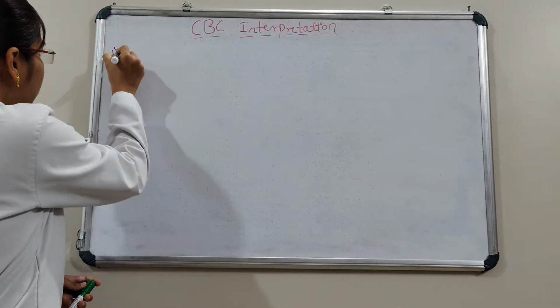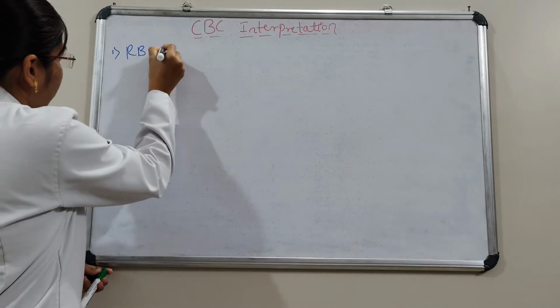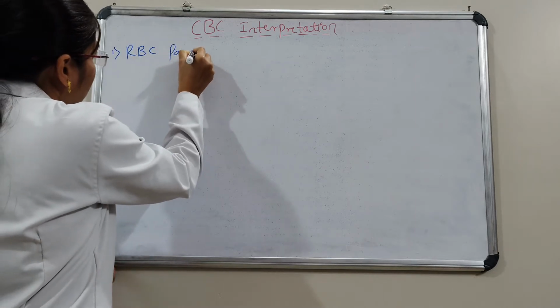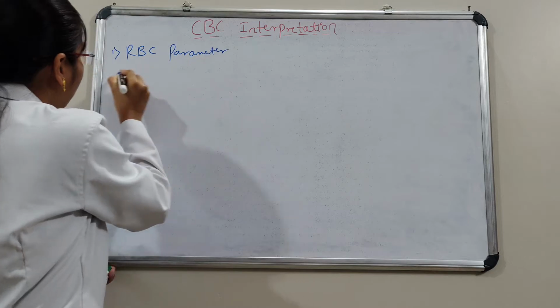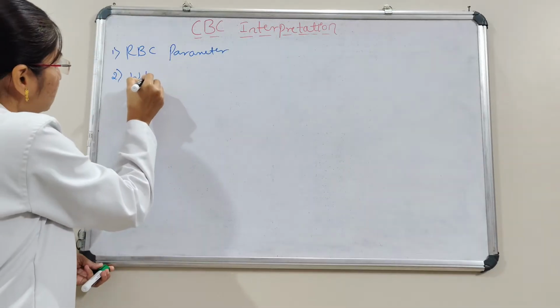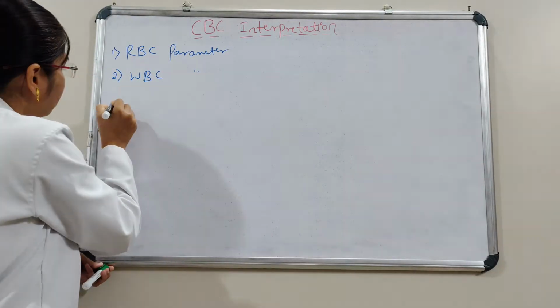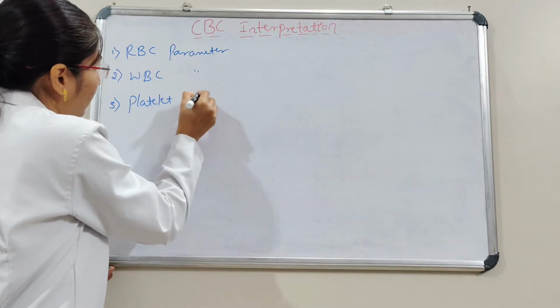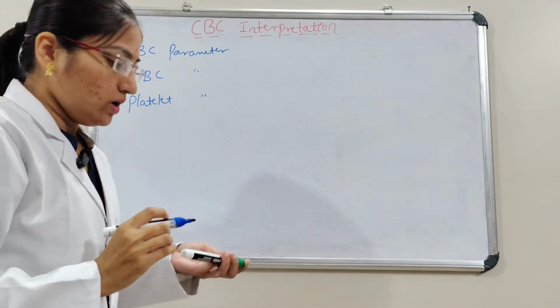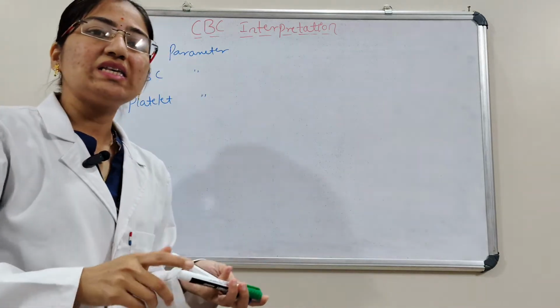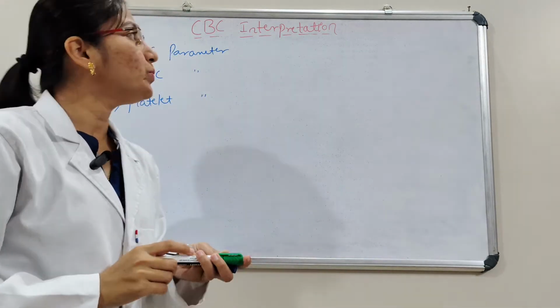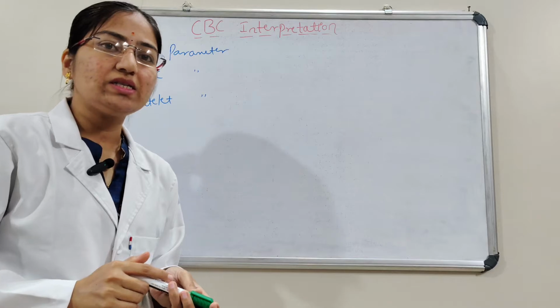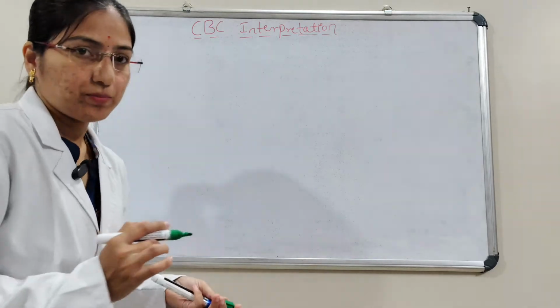The first one is the RBC parameter, the second one is the WBC parameter, and the third one is the platelet parameter. Here we can see six steps for how to interpret CBC easily. We'll see step by step.